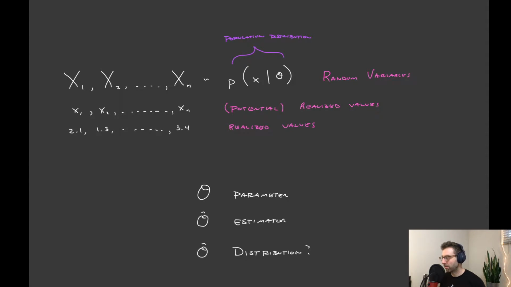Often we have some parameter of interest, be it an expected value, a variance, a particular probability. Anything that's a function of a distribution could be a parameter. And then we have some estimator, which we often denote theta hat. The question we were asking ourselves last time is, how do you get the distribution of your estimator?